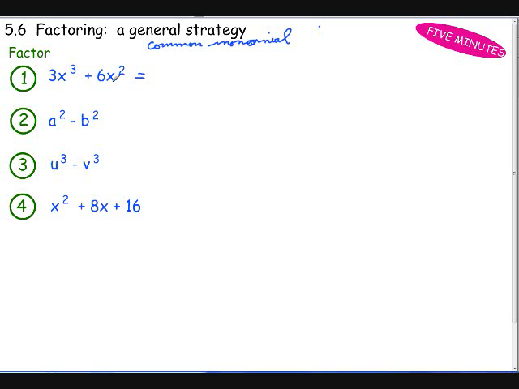Okay, what do we have in common here? Well, they both have x's. In fact, I could take out x squared, couldn't I? What else could I do here? A 3. Having taken that out of this, what is left? Now here's where you want to make sure you remember the multiplication identity.